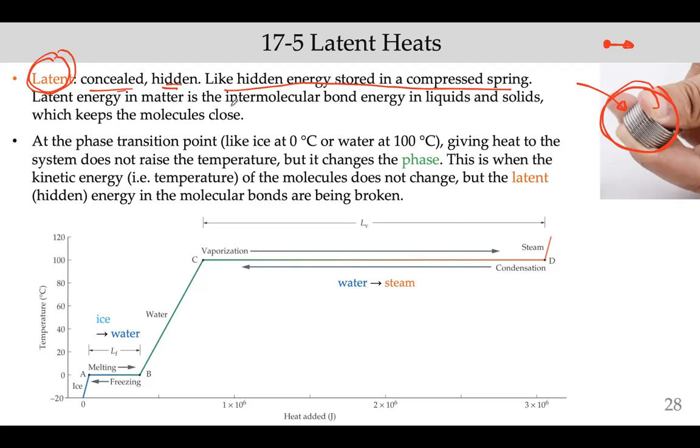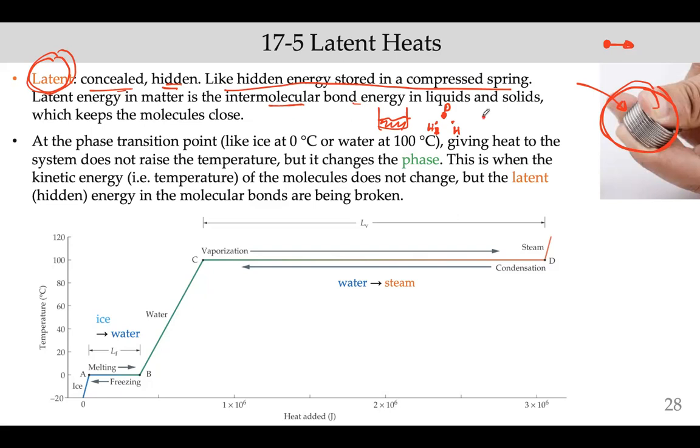Latent energy in matter is the intermolecular bond energy in liquids and solids, which keeps the molecules close to each other. If you think about water, for example, in a cup, the water molecules are not completely turning into gas all of a sudden because each H2O, so this is one of them, one H here, so this is a water molecule.